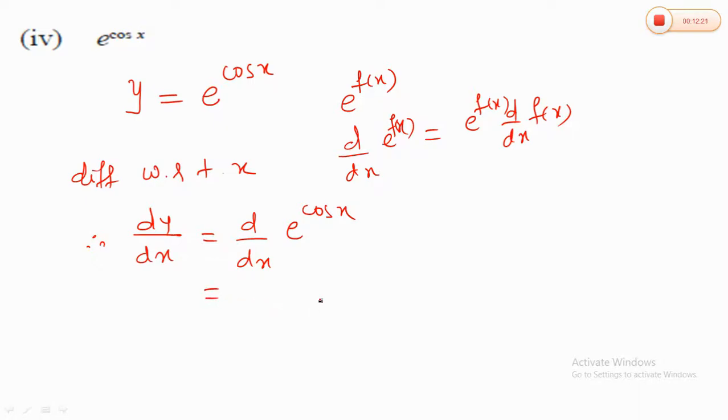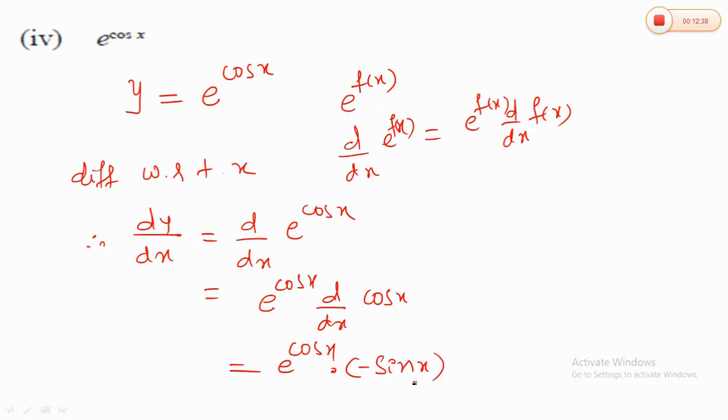Differentiate this side: e raised to f(x), that is e raised to cos x, then dy by dx of cos x. This equals e raised to cos x, derivative of cos x is minus sin x. Therefore minus sin x e raised to cos x is the answer. So now go to the next problem.